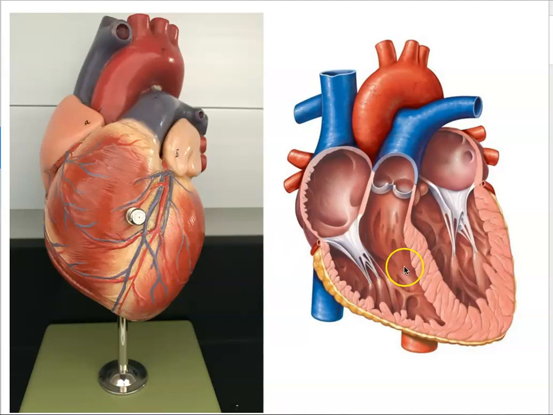Once we take this off, this corresponds to the structure in the internal anatomy of the heart, the interventricular septum. Remember the interventricular septum? It's the division between the right ventricle and the left ventricle.